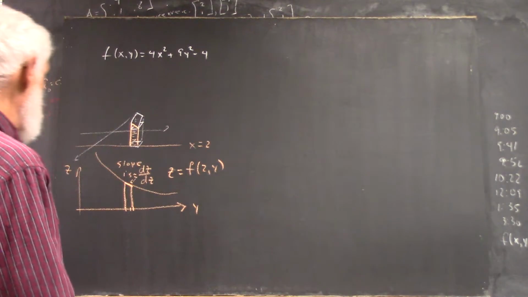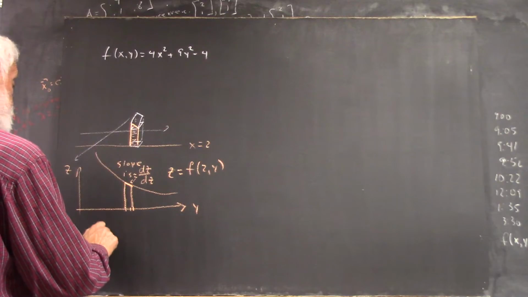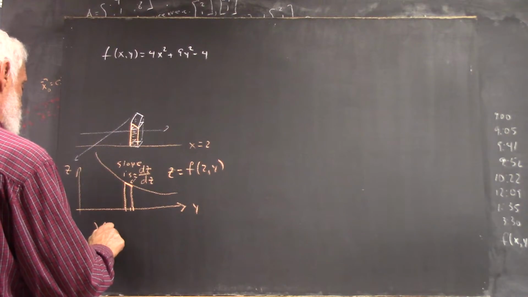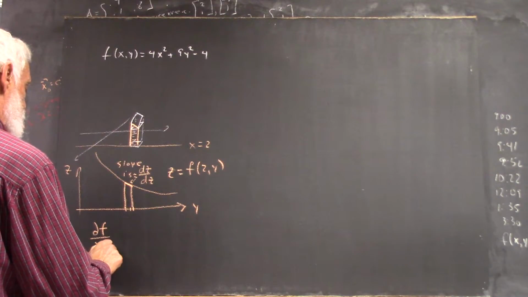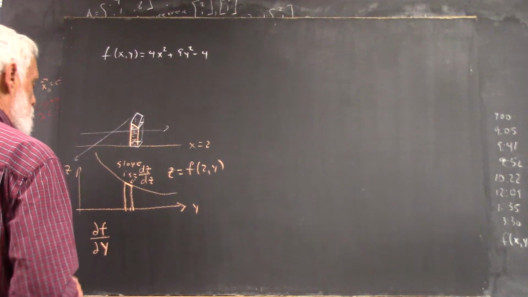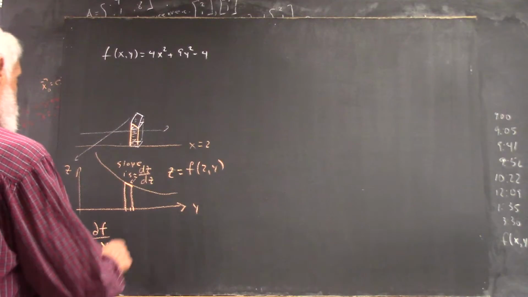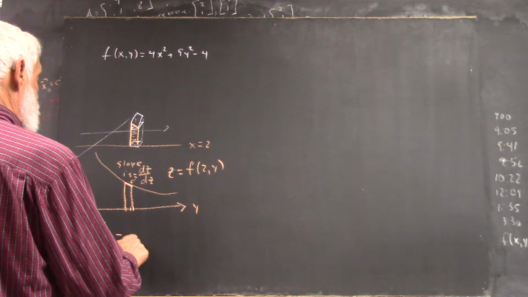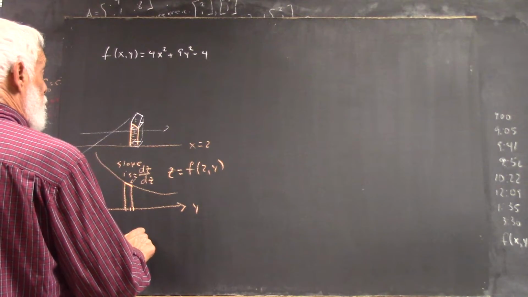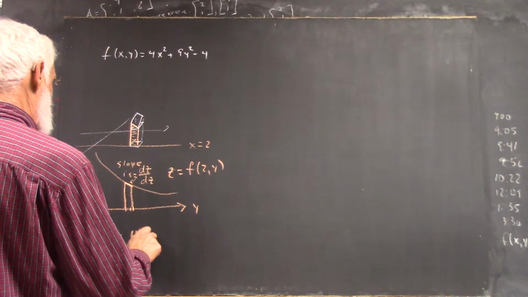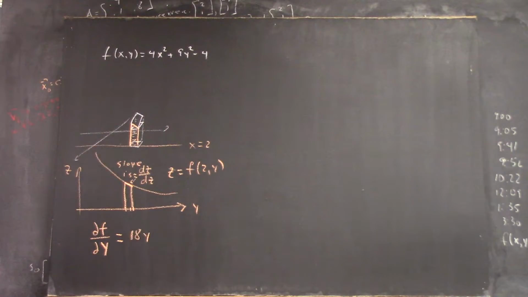Okay? Well, the partial derivative of f with respect to y is 18y. How did I get that?